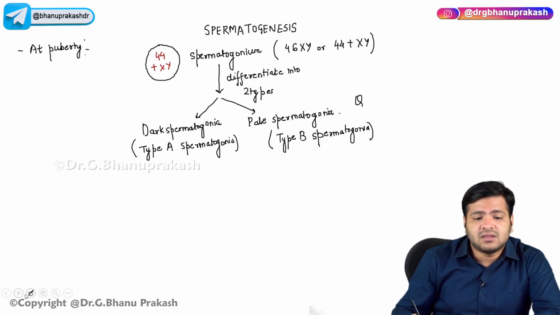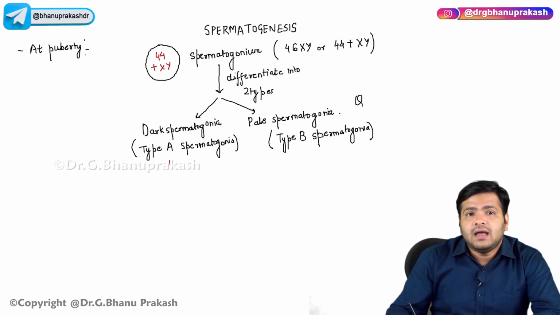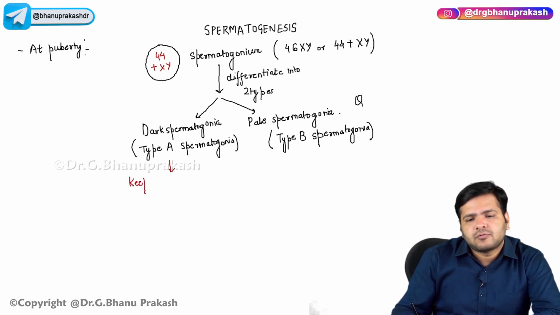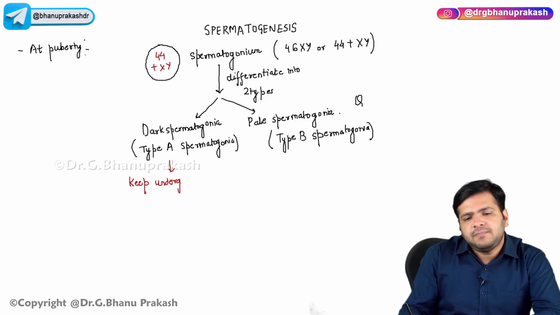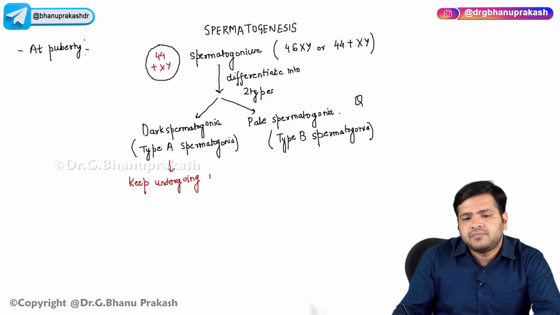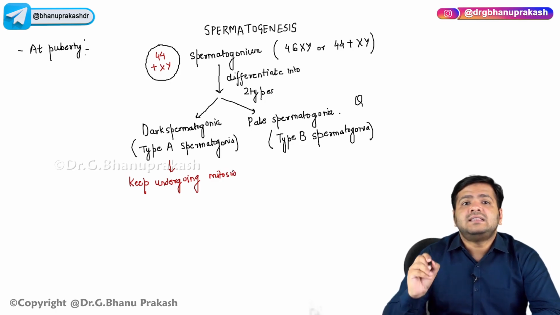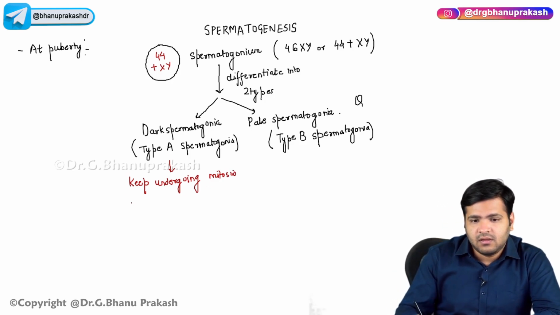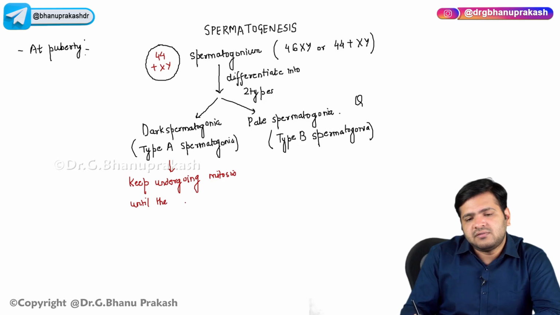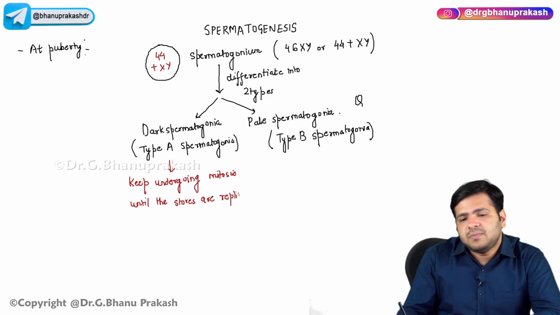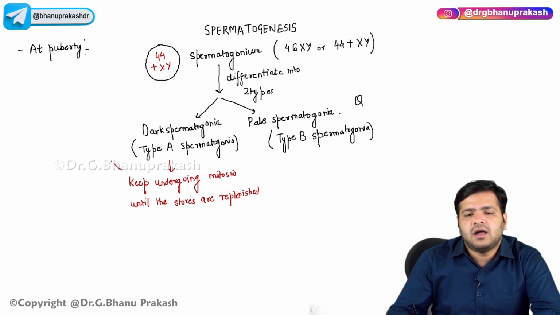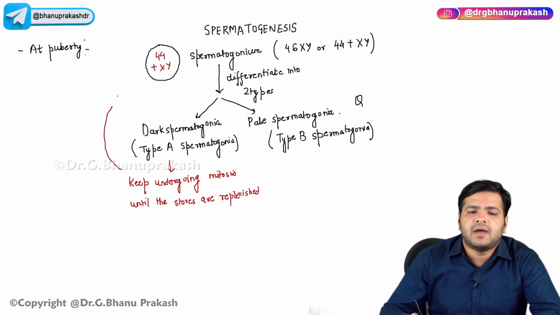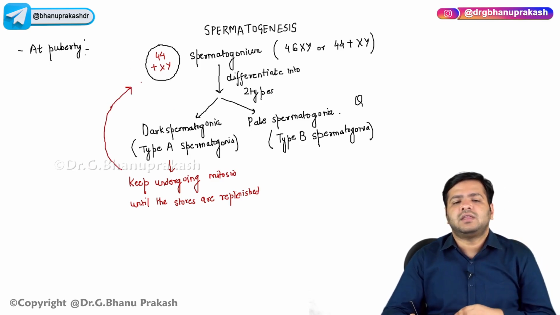Type A or the dark spermatogonia will keep undergoing mitosis until the stores are replenished, meaning until the required amount is formed.